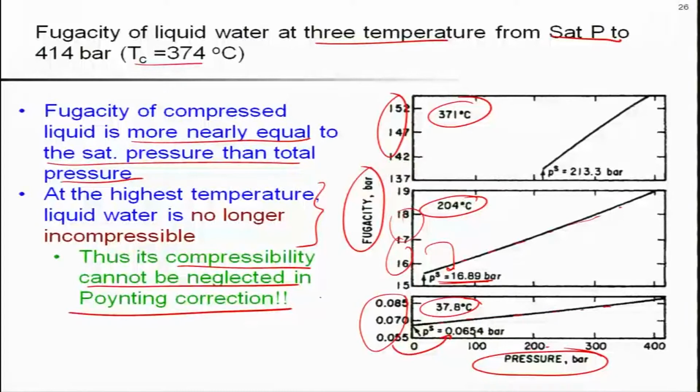Okay, so this is a very practical example considering real systems in order to understand the effect of pressure at different temperatures. So we will stop here and we will continue our exercise of understanding this thermodynamic property from volumetric data in the next lecture.